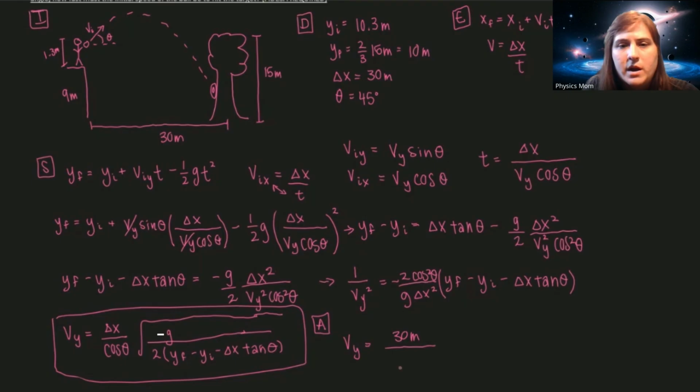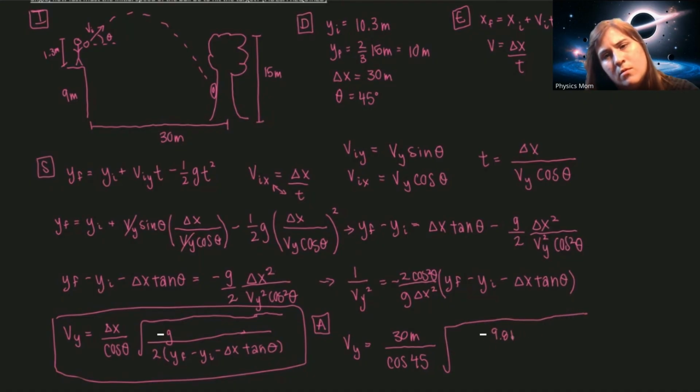This is divided by the cosine of 45 degrees, which is unitless, all under the square root of 9.81 meters per second squared over 2, which is unitless. Our final distance was 10 meters minus the 10.3 meters minus the 30 meters times the tangent of 45. This is under my square root.